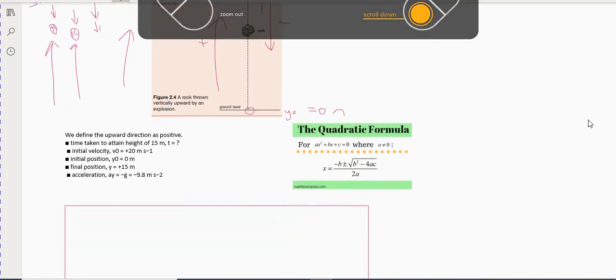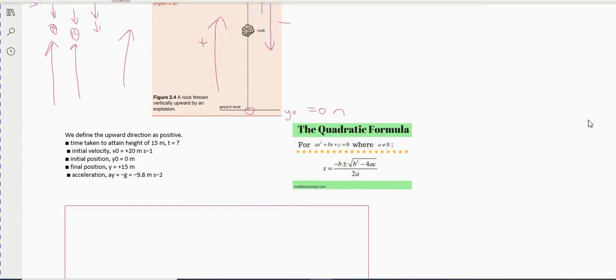So a few things here, guys. We want to take the time when it is at 15 meters. We don't know that. We know the initial velocity, which was given to us as positive 20 meters per second. Good. And as we said, because it's positive, it means that it's going upwards.